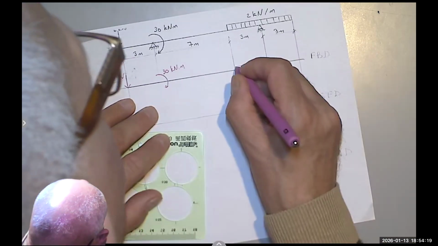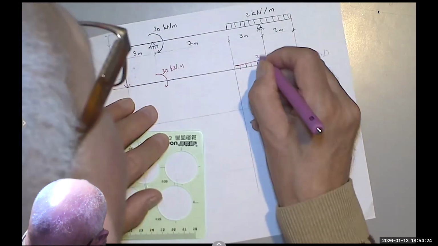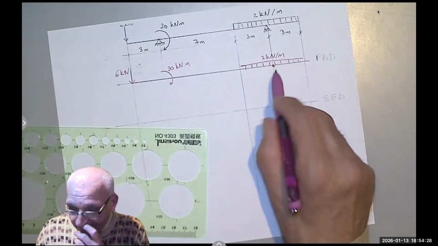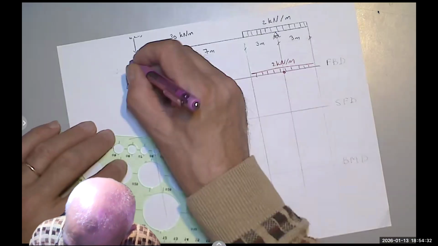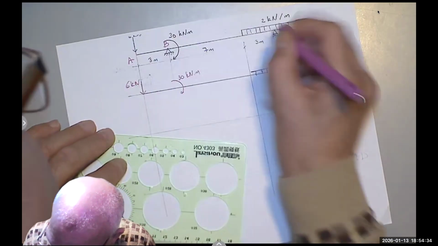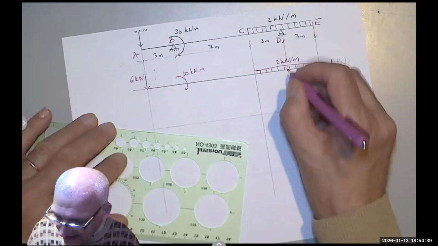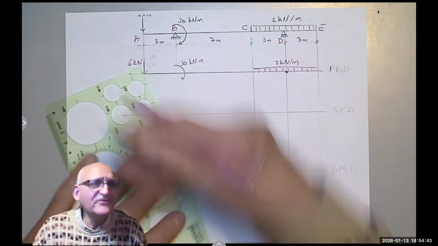And then I have 2 kilonewton per meter. And here there's a roller. If I call these points A, B, C, D, E, at D I will have a vertical reaction only. I'm not going to show if it's up or down.